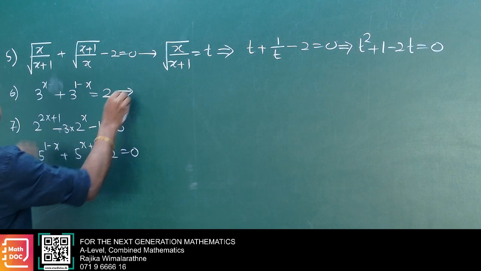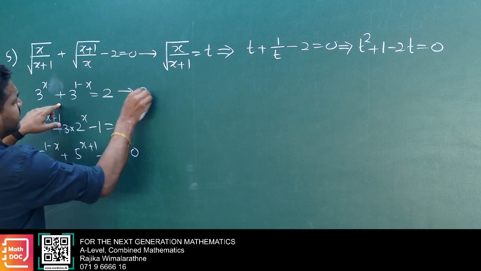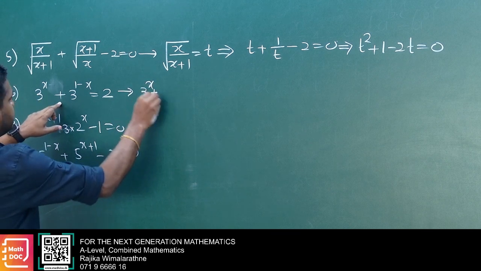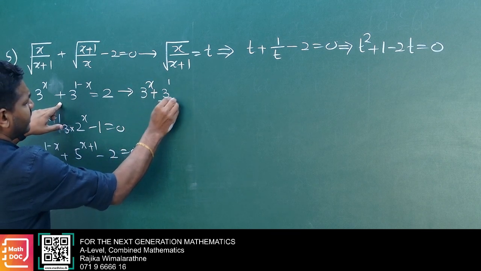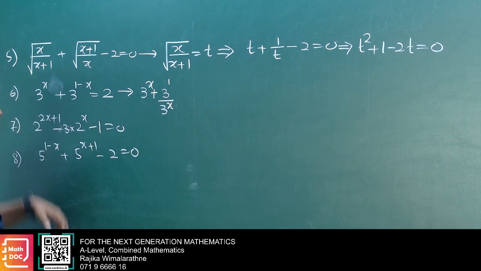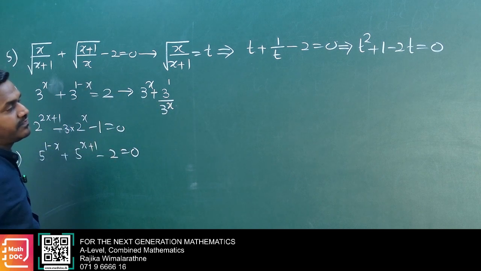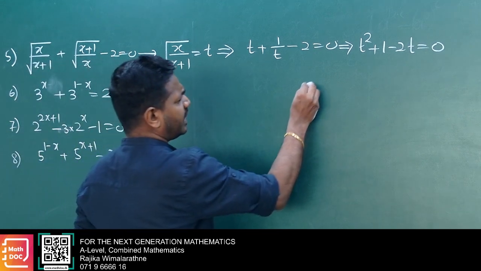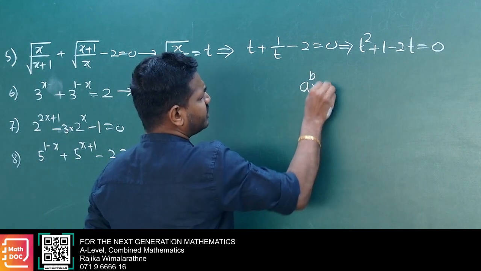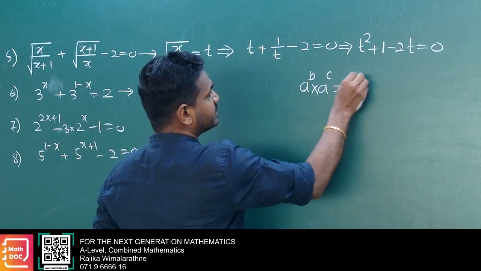Now here 3 to the power x plus 3 to the power 1 divided by 3 to the power x. Apply index laws. Here a to the power b times a to the power c equals a to the power b plus c.